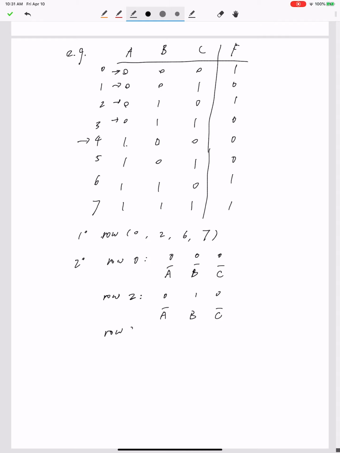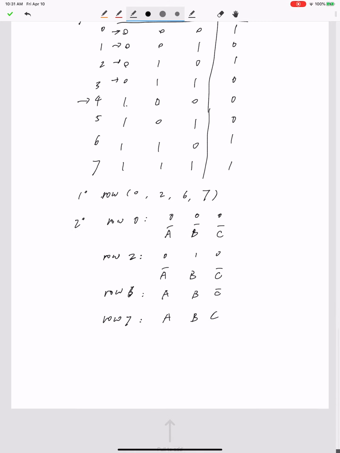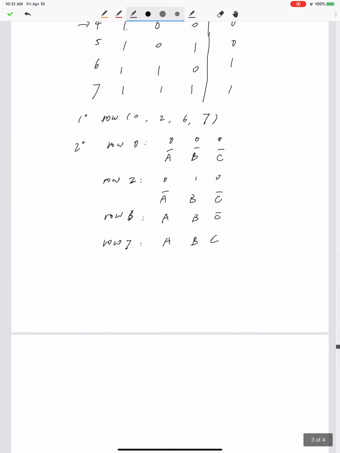For row number 6, we have A, B, and C bar. For row number 7, we have A, B, C, because we have 3 inputs, right? After we finish this step, we have 4 logic products.